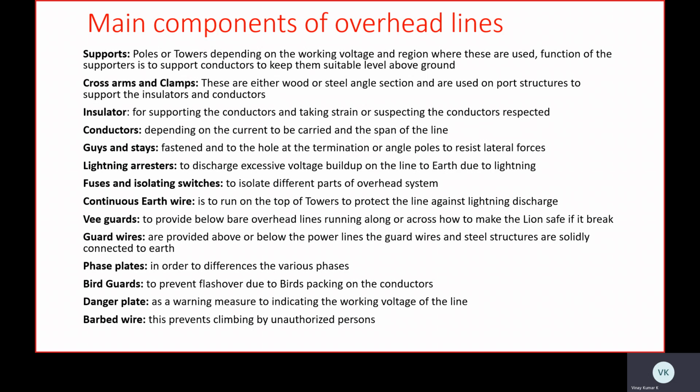We use steel materials as angle sections on pole structures to support the insulators and conductors. These cross arms and clamps are mainly used to hold the insulators and conductors along with the supporting structures. So for that purpose, we use mainly cross arms and clamps.